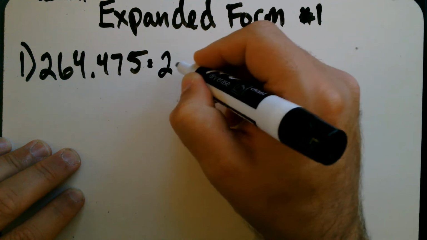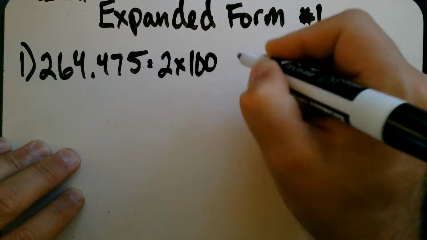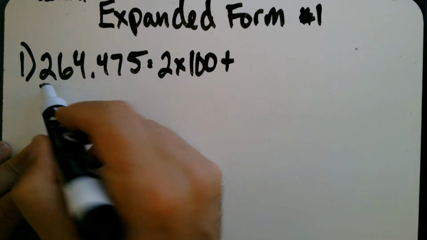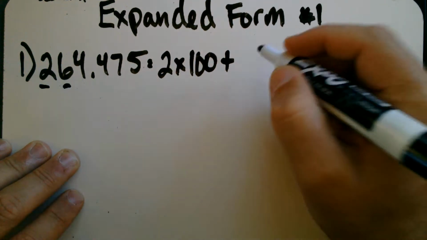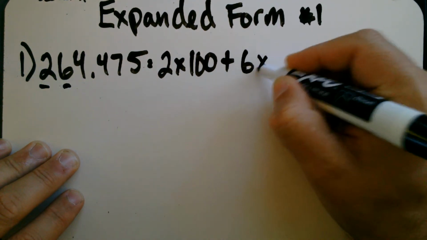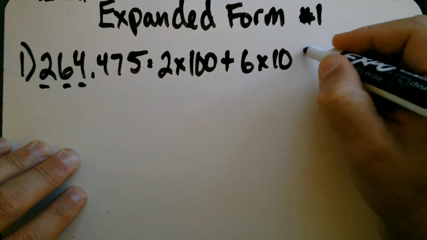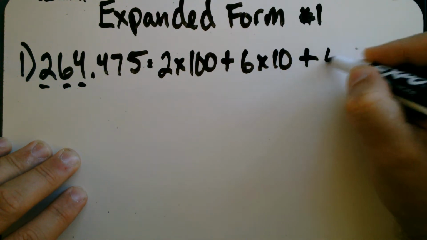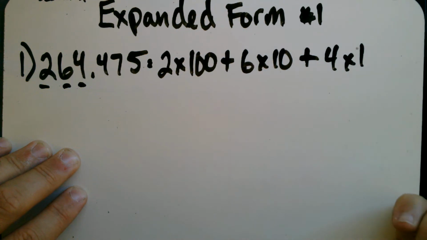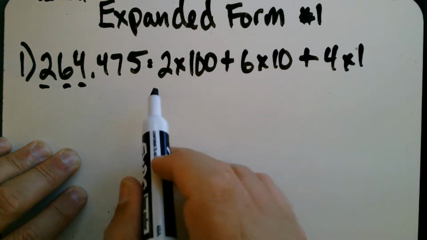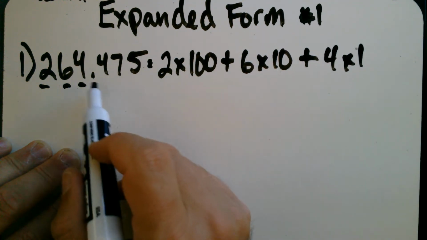So I'm going to go 2 times 100 for my hundreds place. Then for my tens place, 6 times 10. Then for my ones place, 4 times 1.